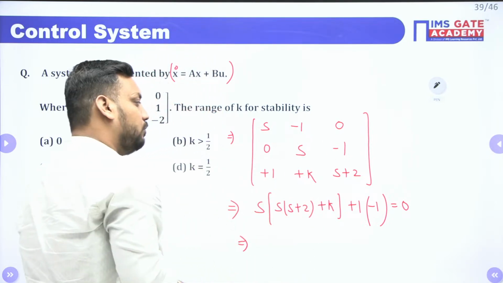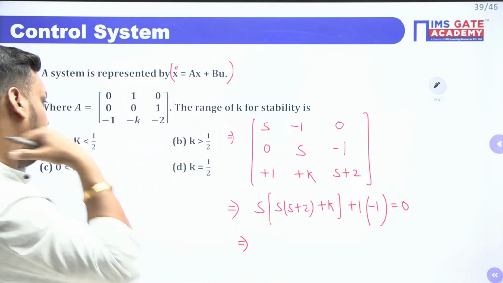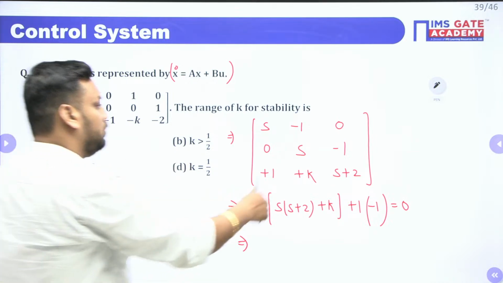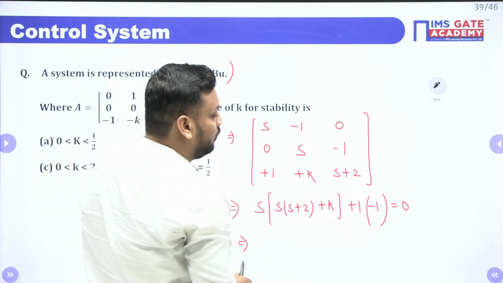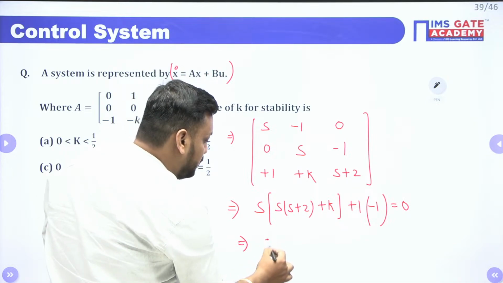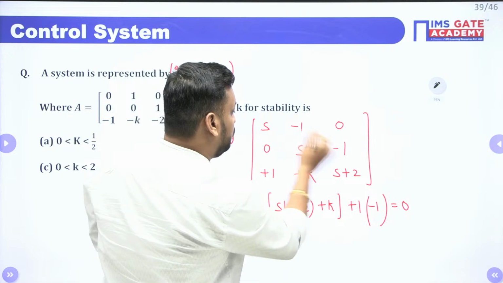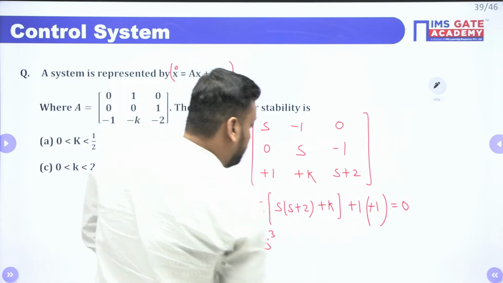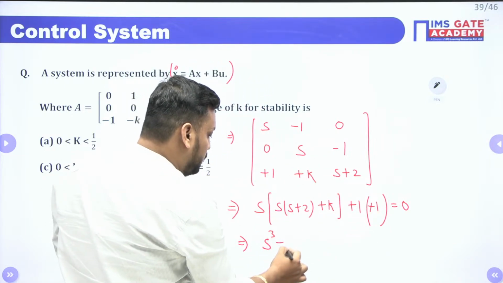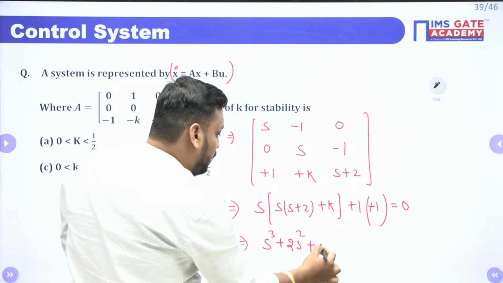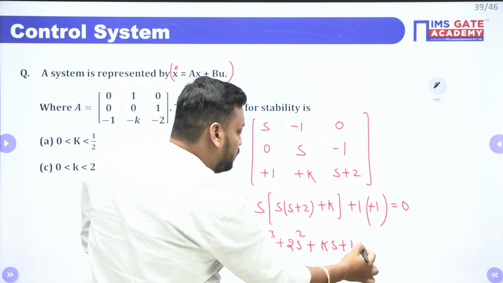So the ultimate answer is s cube plus 2s square plus Ks plus 1 equal to 0.